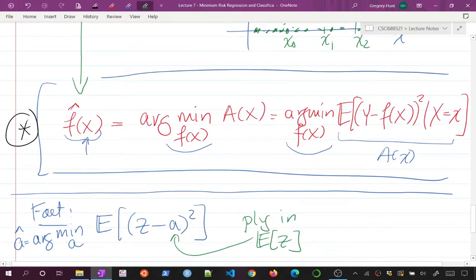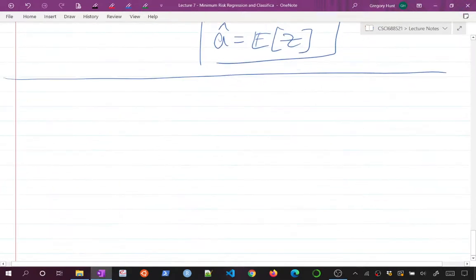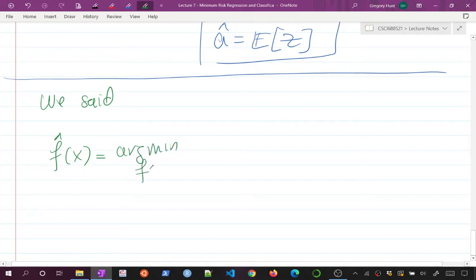So what does that say about this? We said that f hat of x, that is the value to choose for f hat at some little x, is the value that minimizes this. Let's just keep it how we had it written before, less confusing.